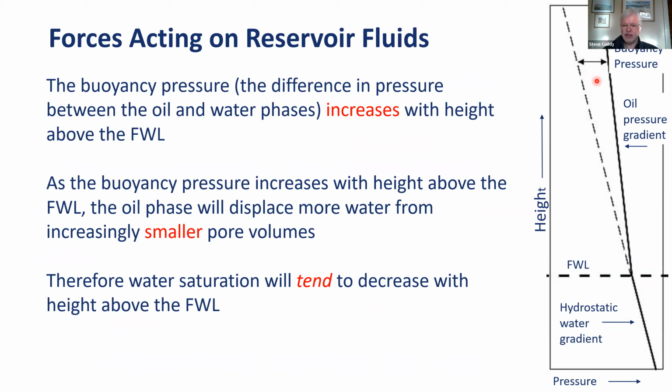As the buoyancy pressure increases, the oil phase can displace the water from the increasingly smaller pores. So therefore, generally speaking, water saturation tends to decrease with the height of the free water level. But as I showed you before, this is not always the case.